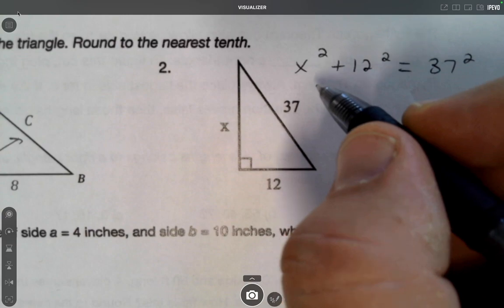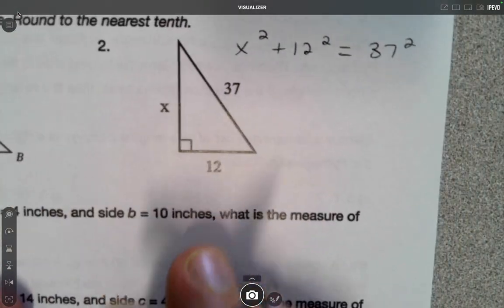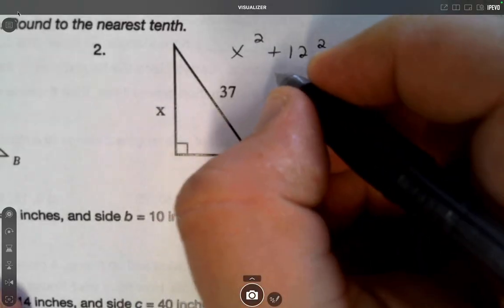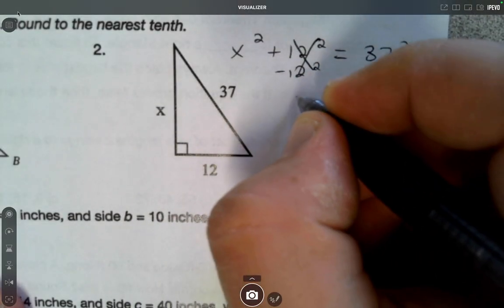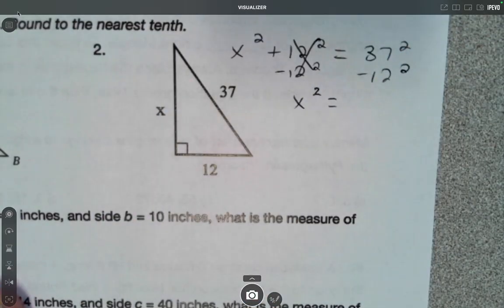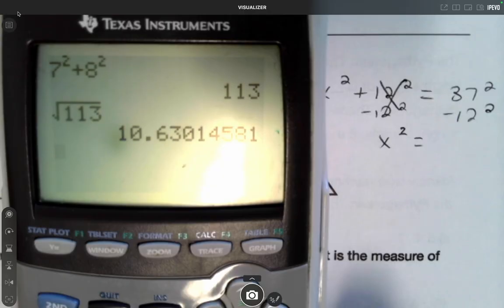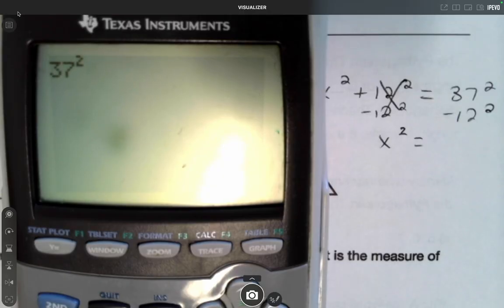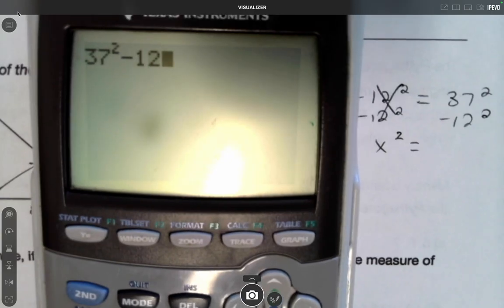So this one's a little bit different. Last time we added the two together. This time we'll subtract because we want to get x by itself. So I need to subtract 12 squared from both sides. 37 squared minus 12 squared gives us 1225.